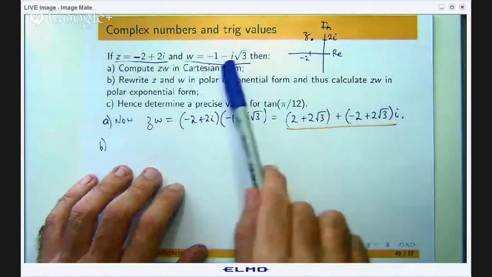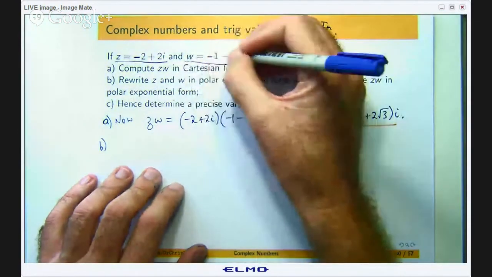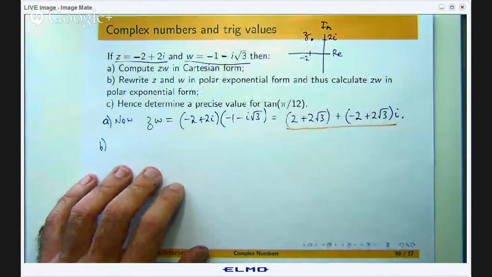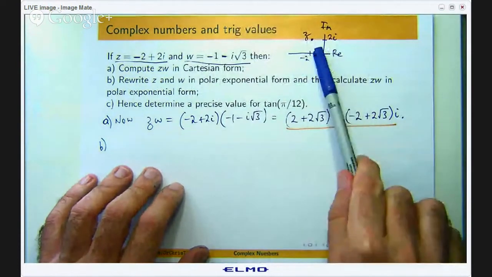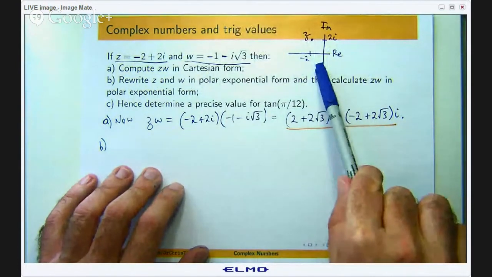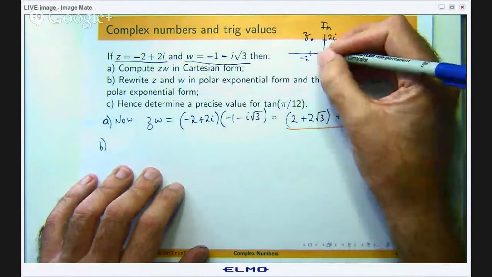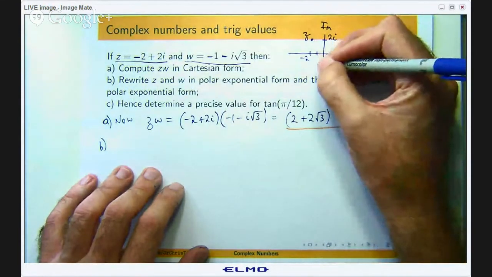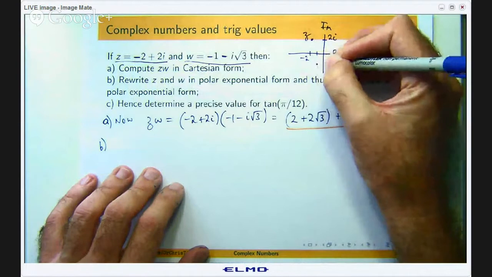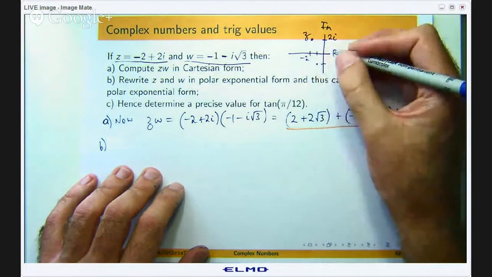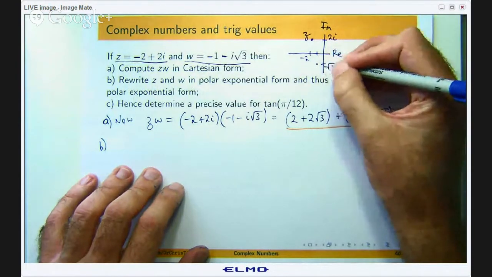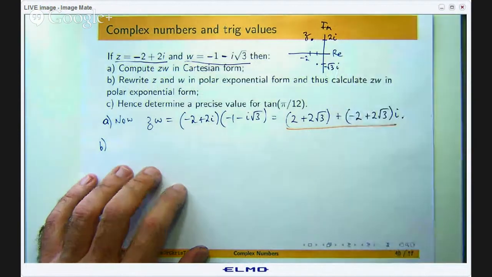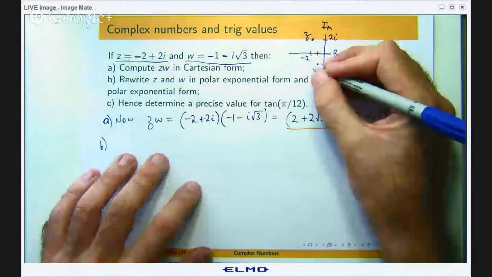And for W, it's -1 minus i times root 3. So I go 1 unit this way and root 3 units down here. So I'd go sort of out there and then say down there. Okay, so that would be my W.